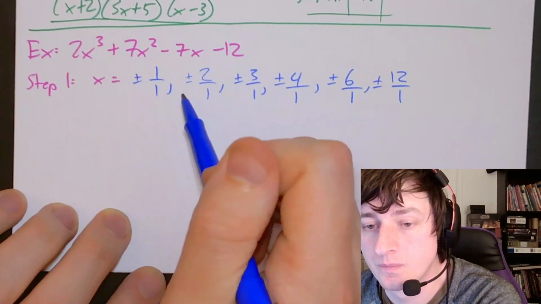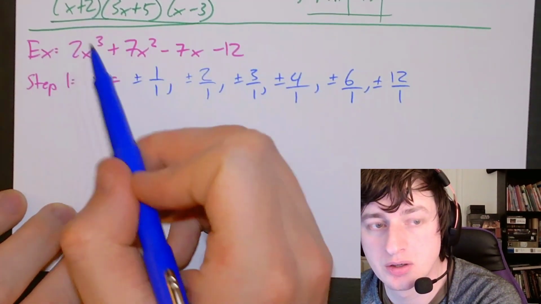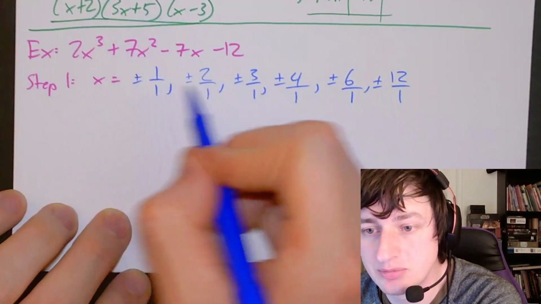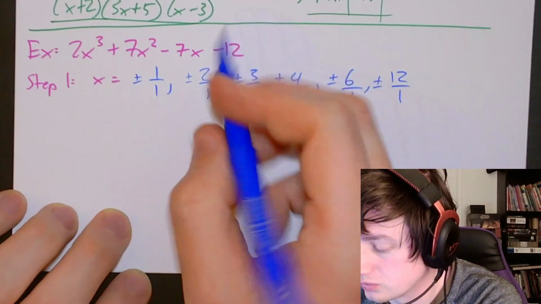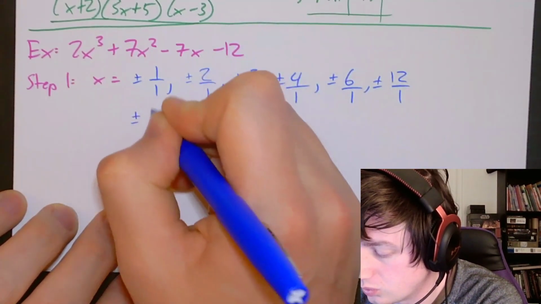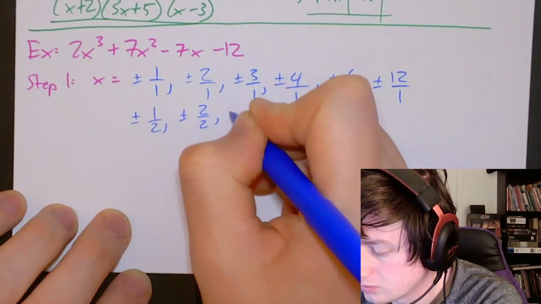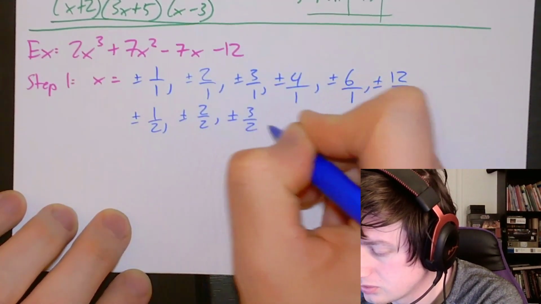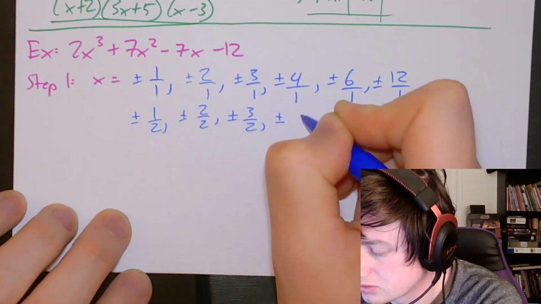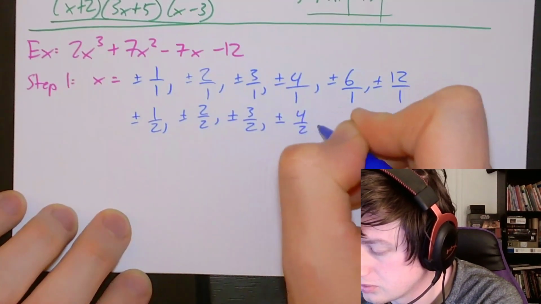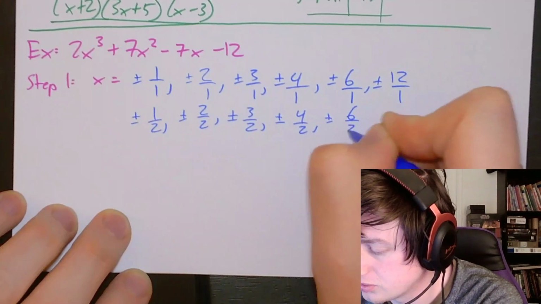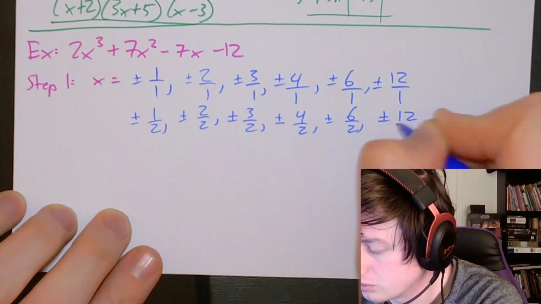And now, because this is a 2 here, we're going to do all these same numbers, except we're going to divide them by 2. So plus or minus 1 over 2, plus or minus 2 over 2, plus or minus 3 over 2, plus or minus 4 over 2, plus or minus 6 over 2, and plus or minus 12 over 2.